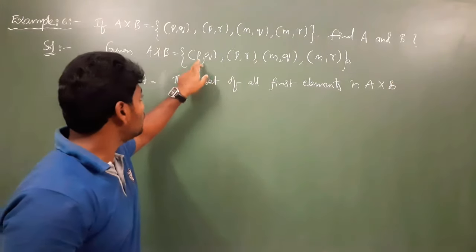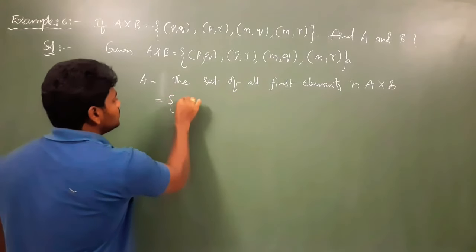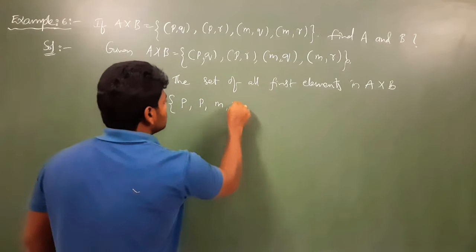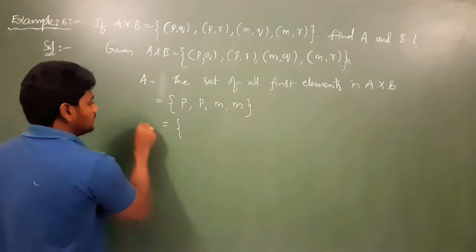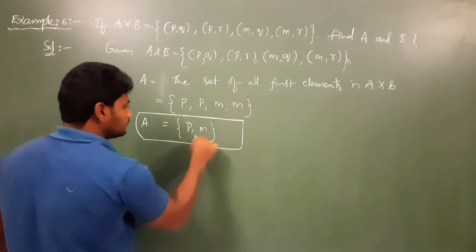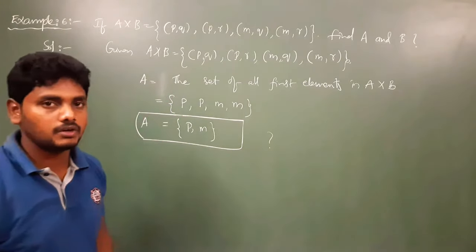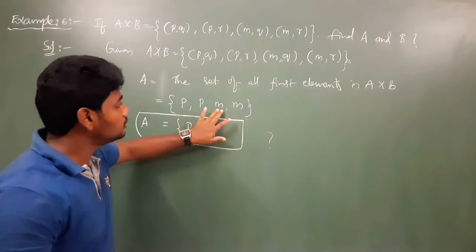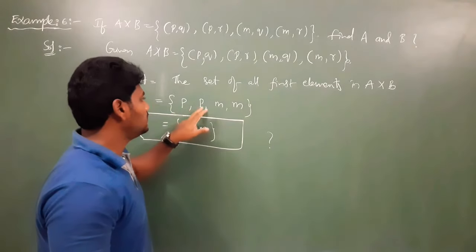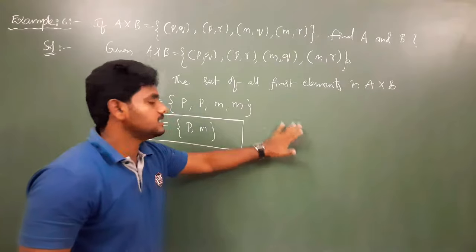In A cross B, the set of all first elements is nothing but set A. The first elements are P, here also P, here M, there also M. But remember, this is equal to {P, M} only. Why? Because in a set there shouldn't be repeated elements. As the set contains P, P and M, M, we have to consider only P, M. This is set A.